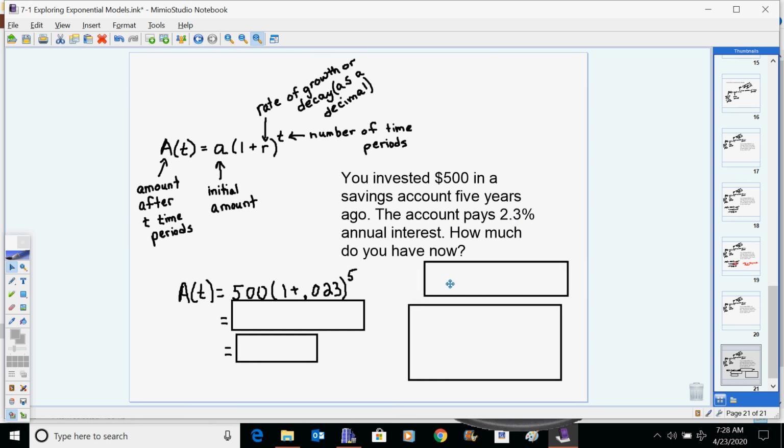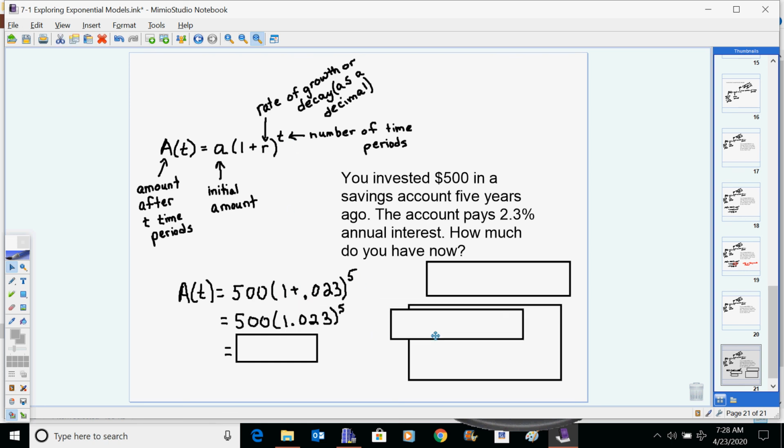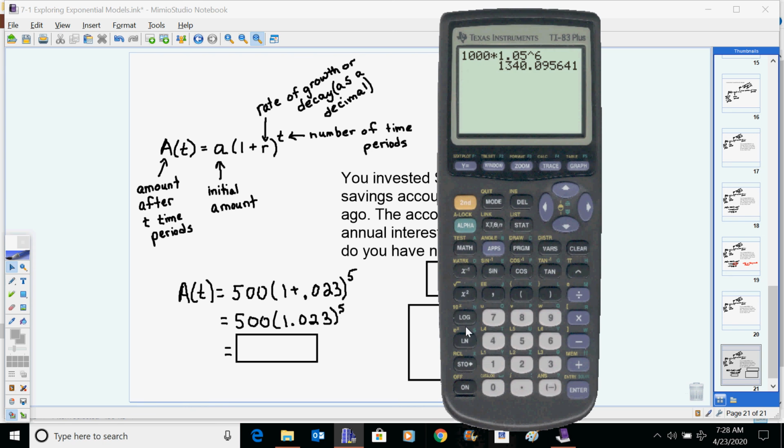Fifth power, because it happens over a period of 5 years. And then you can use your calculator. 500 times 1.023 to the 5th power.